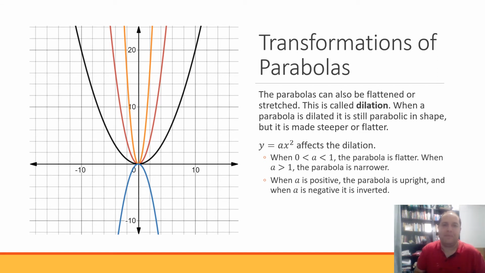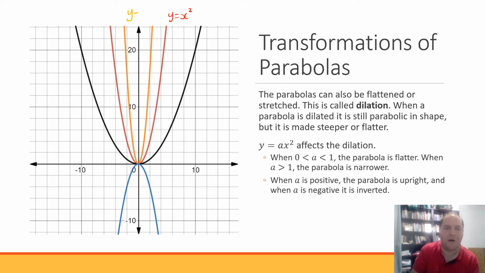Now, dilation is affected by multiplication, this number out the front of our x squared term. For this red curve, that's got a dilation of 1, our invisible 1 out the front. For this orange one, that one has been dilated by a factor of 4.